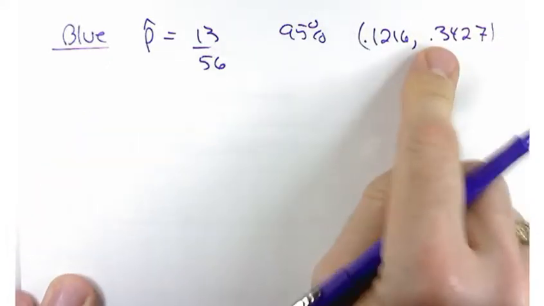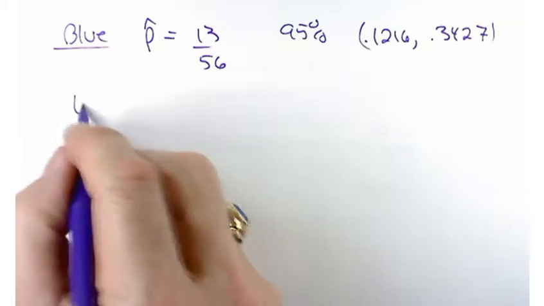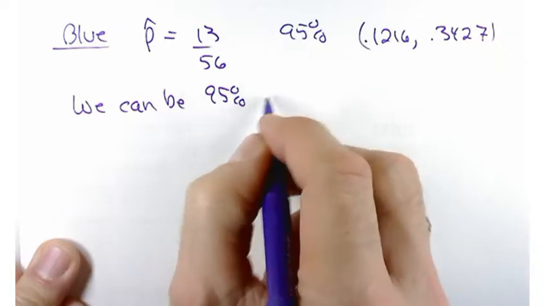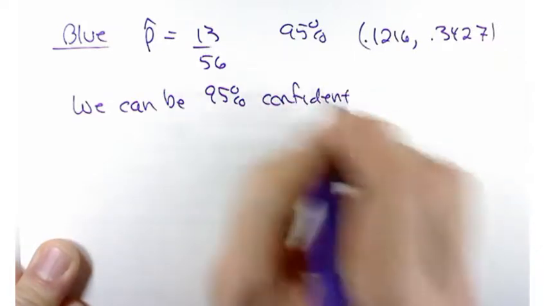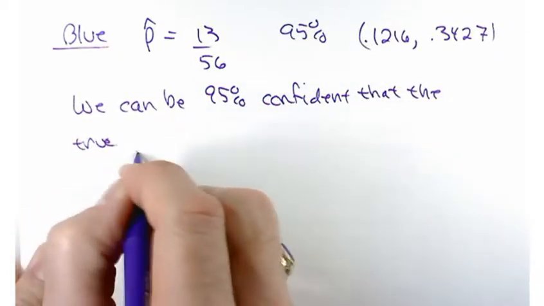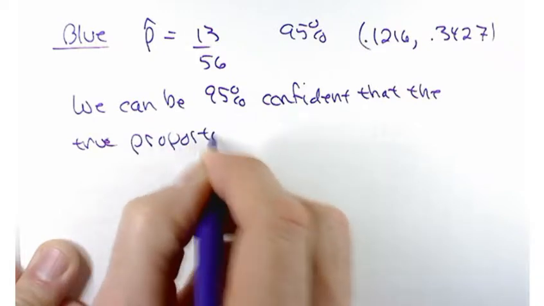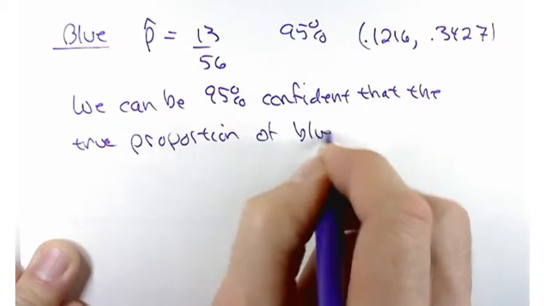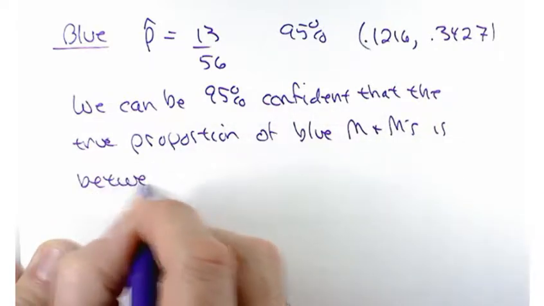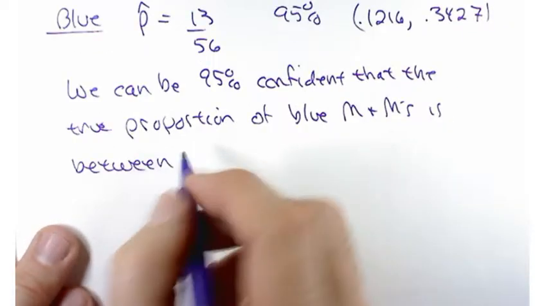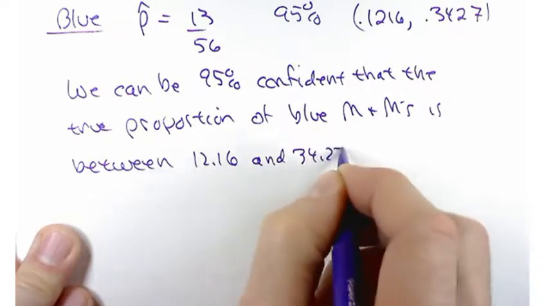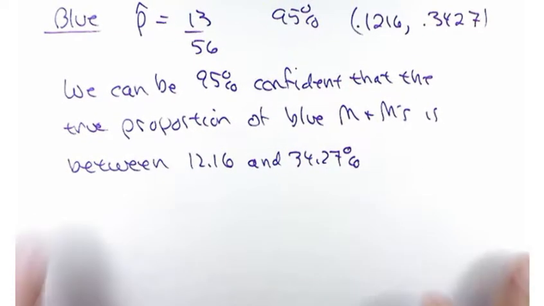But what you're saying, if you were just a student in a stat class, is you can say we can be 95% confident that the true proportion of blue M&Ms is between 12.16 and 34.27%. So kind of a wide confidence interval.